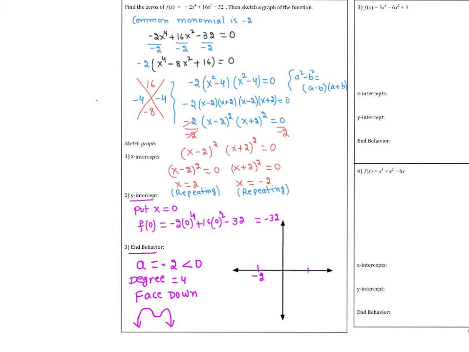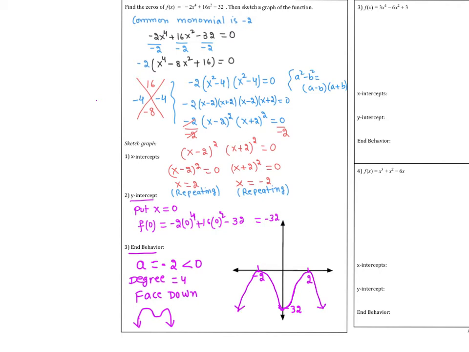Negative 2 and 2 are going to be the x-intercepts. Negative 32 is going to be the y-intercept. Since negative 2 is a repeating root, the graph will touch at negative 2 and come back. So the graph is going to look like both ends down. It's going to cross the y-axis, and it's going to touch at 2 and come back.